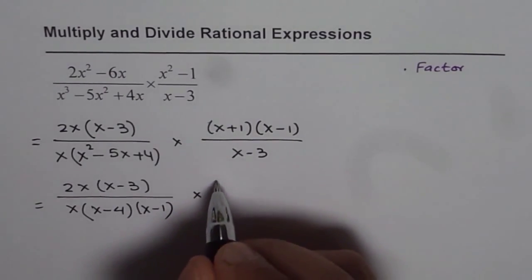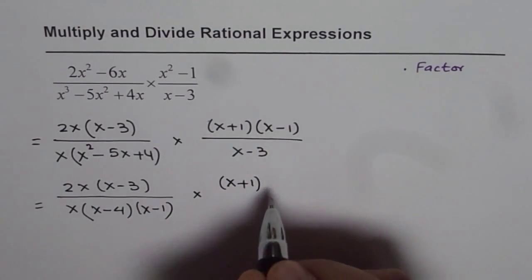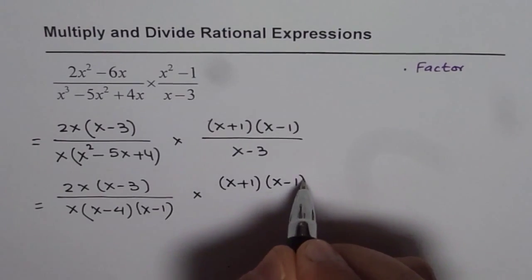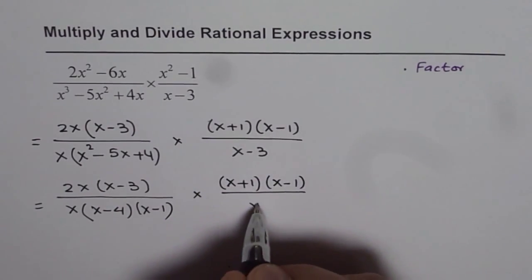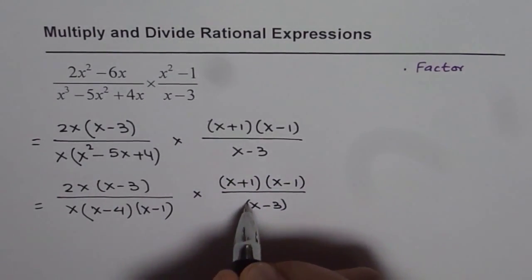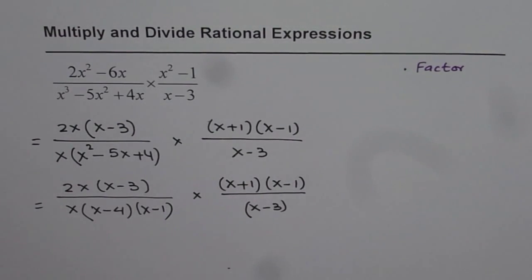Times the second term, which is x plus 1 times x minus 1 divided by x minus 3. Now at this stage we can cancel all the common factors and simplify this rational expression.